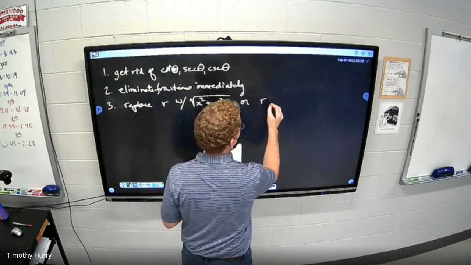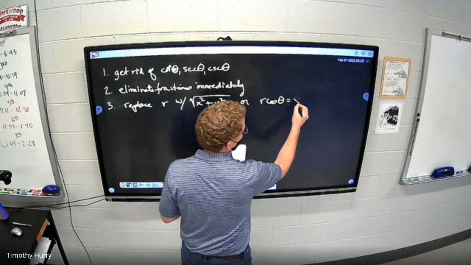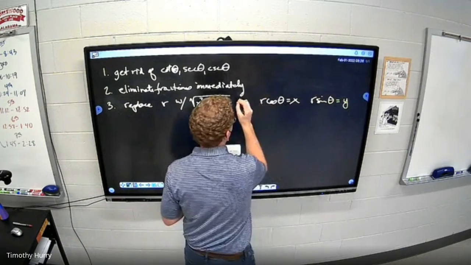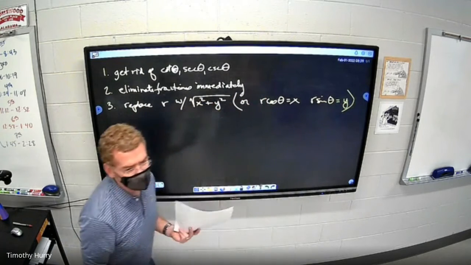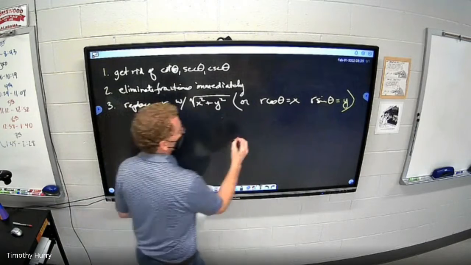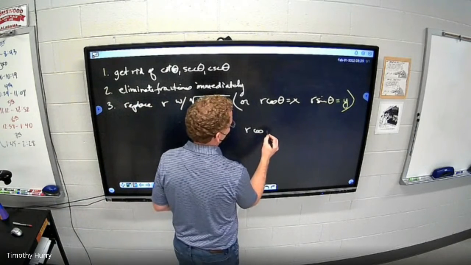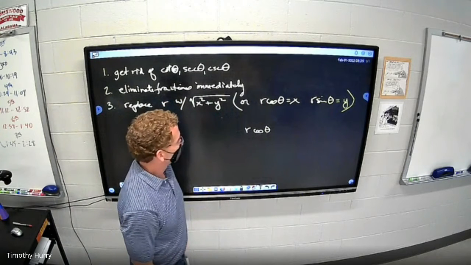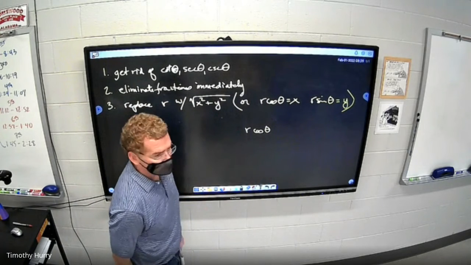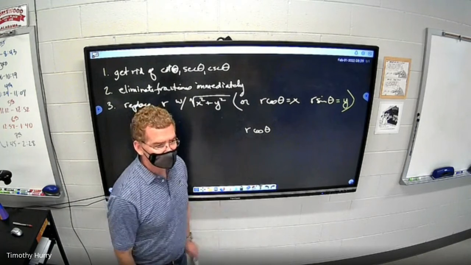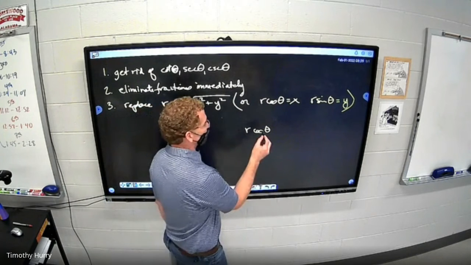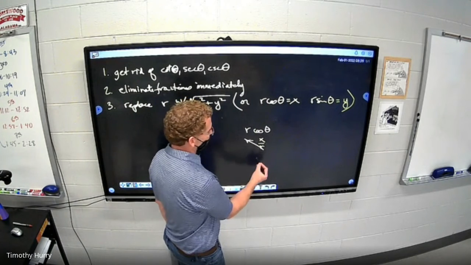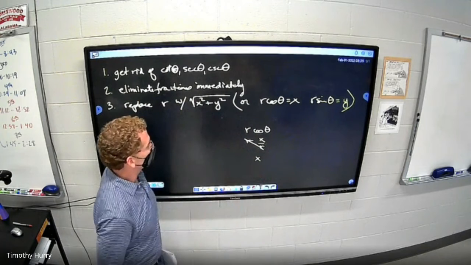Or if you happen to see an r cosine theta, you can replace it with an x, or an r sine theta, you can replace it with a y. So I'm going to put that in parentheses, but here's the great thing. If I did have an r and a cosine theta, what's cosine theta? What is cosine of an angle equal to? x over r. So if I replace cosine with x over r, what do I end up with? x. So that works out greatly also.